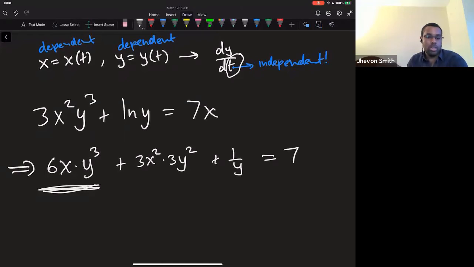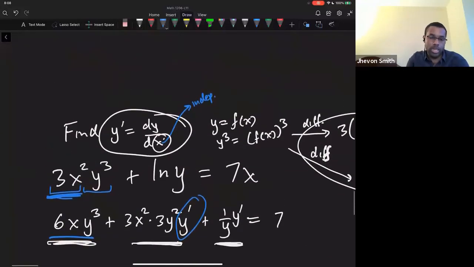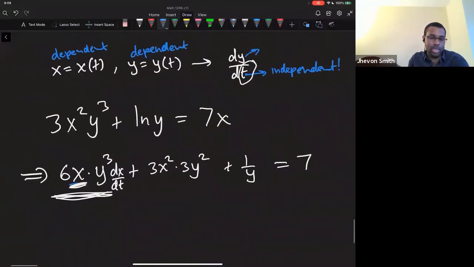Is it dy over dt? No, we differentiated an x. So would it be t prime or y prime? dx dt. The dependent variable goes on top, right? When you have dy dx, the dependent guy is the guy on top. Here, your x is the dependent.